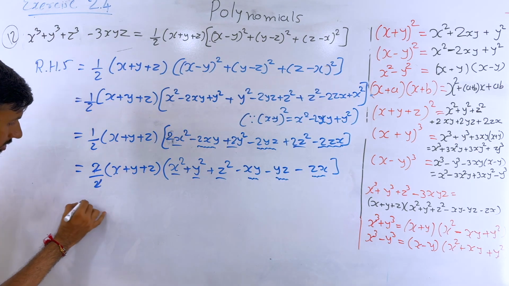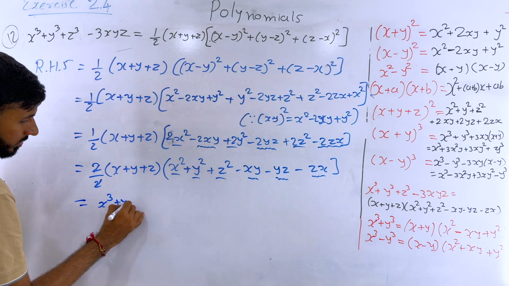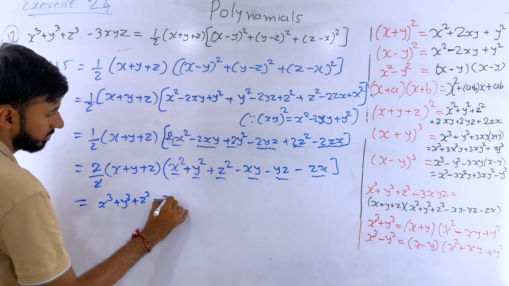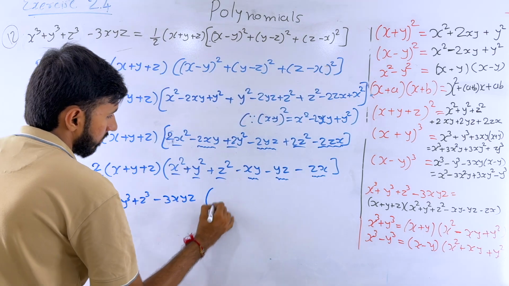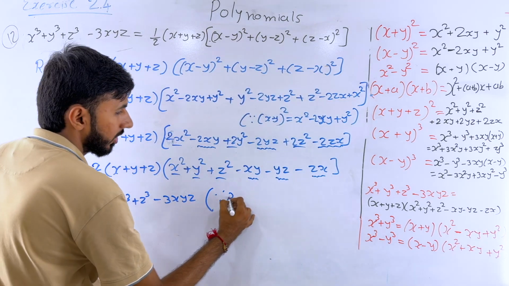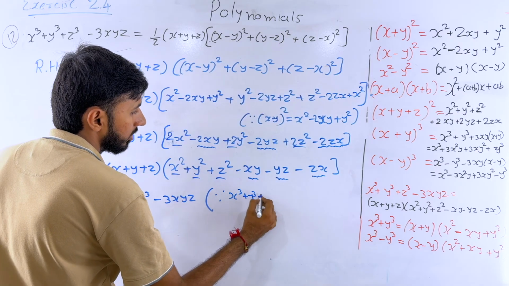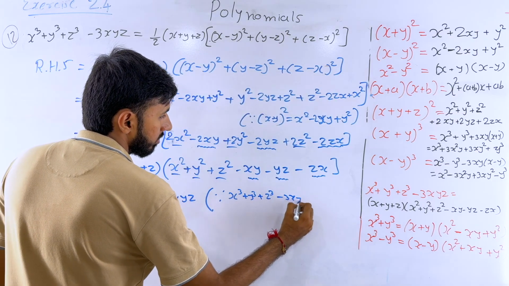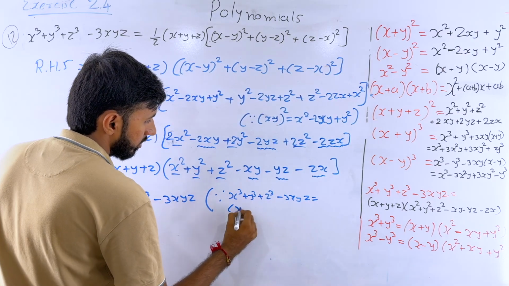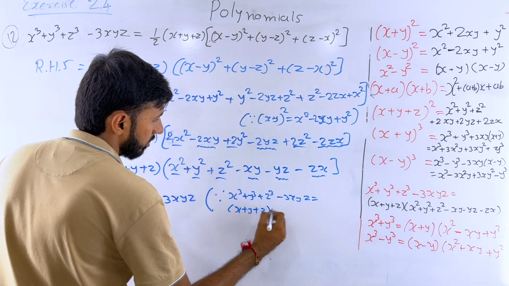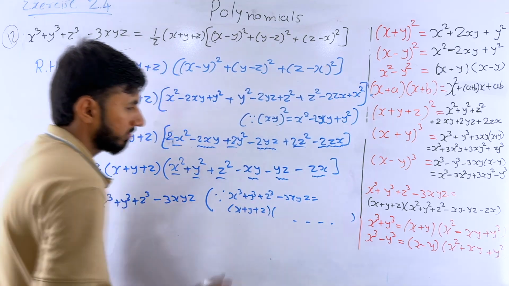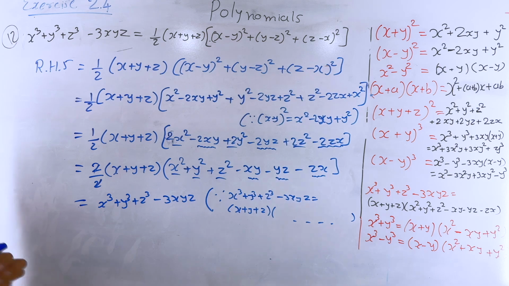Because we know the identity, now you have to write the identity here, right? Full identity is equal to x plus y plus z in the first bracket, and in the second bracket, just write the identity, right?